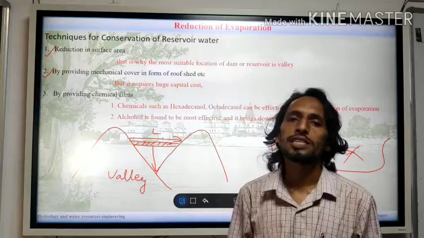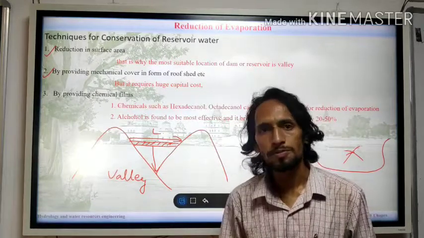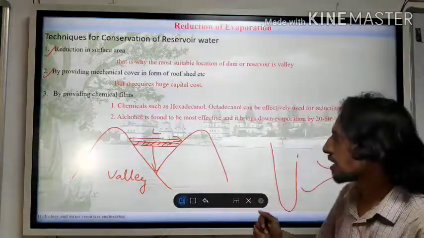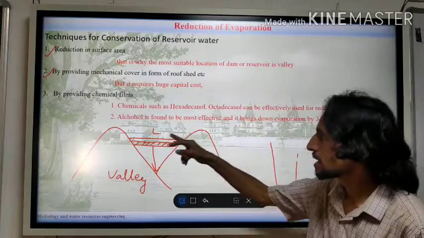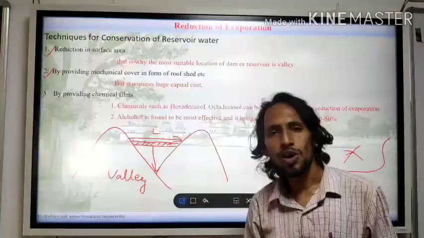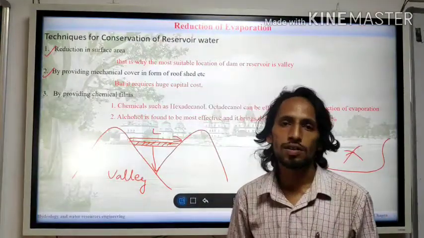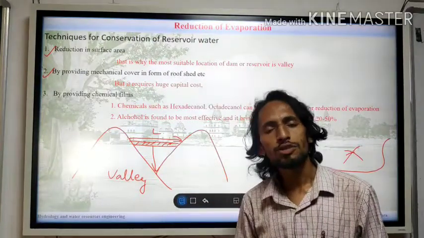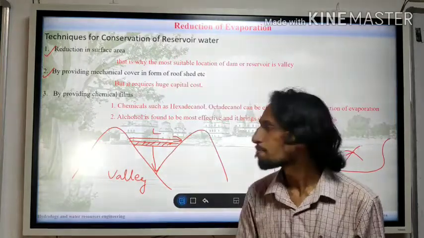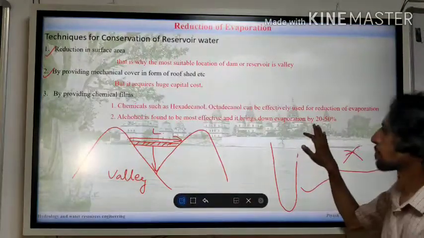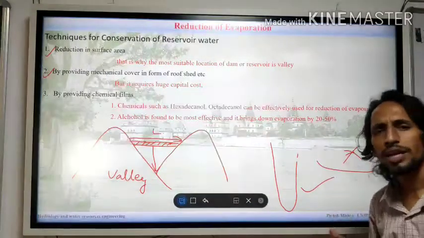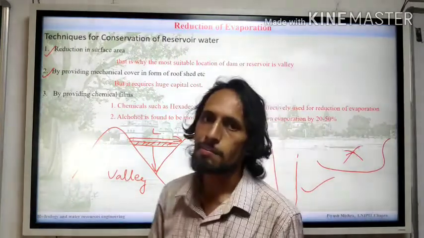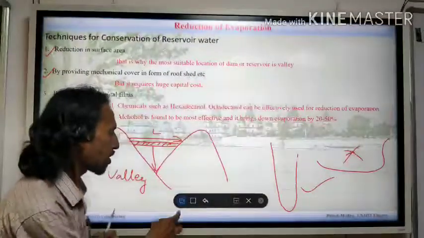Thus your evaporation will reduce somehow. Also, apart from this chemical, simply your alcohol, like your ethanols, also reduces the evaporation. Okay, so it reduces evaporation by around 20 to 50% depending upon the kind of alcohol.